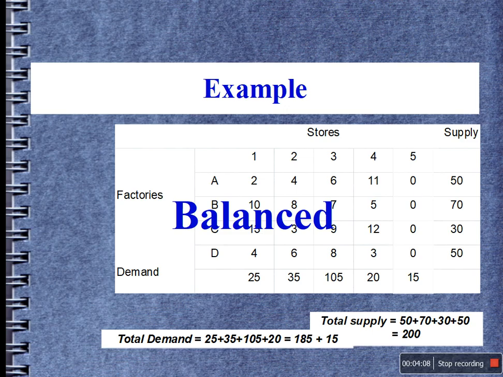Now the sum of demand values and the sum of supply values will become 200, so this becomes a balanced problem.